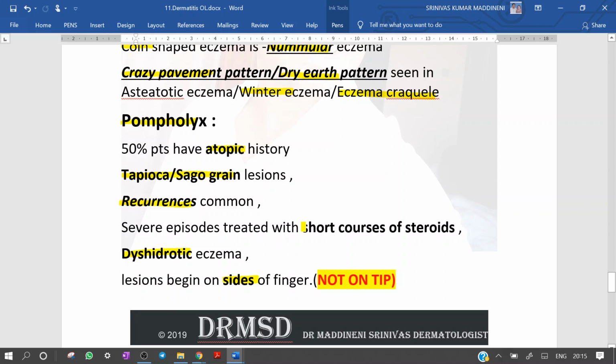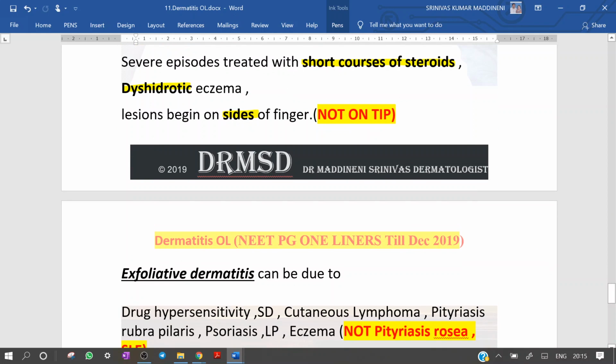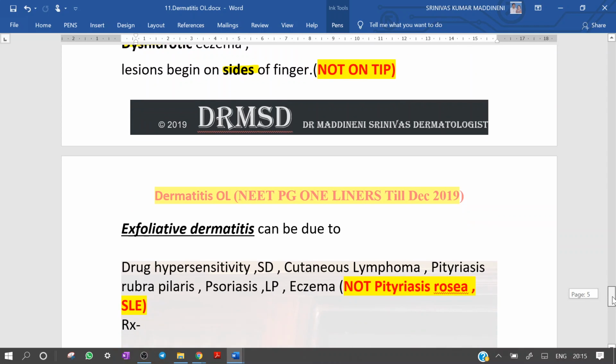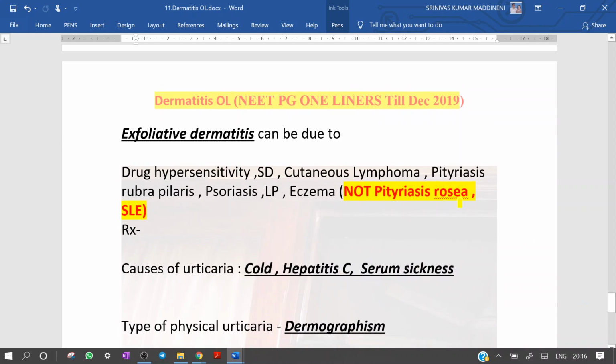Severe episodes are treated with short course of steroids in patients where it is intractable. We cannot treat it with topical formulations. You remember in the question it was mentioned that fingertips have the lesions, but remember sides of the finger are the ones which are involved with sago grain or tapioca like lesions.